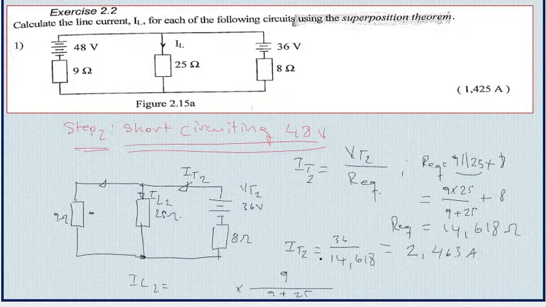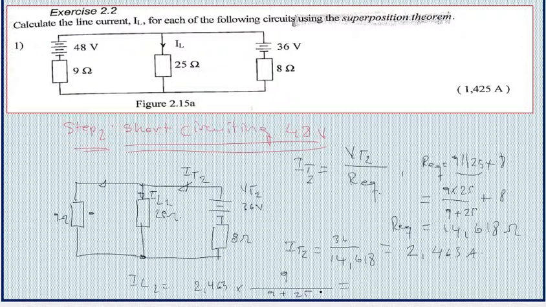So I have the total current. Then to get the load currents here, I'll just replace it. If I compute, I end up with 2.463 multiplied by 9 divided by 9 plus 25.